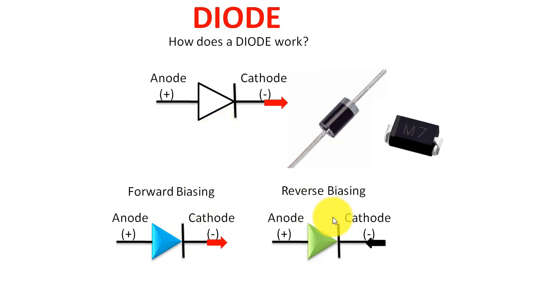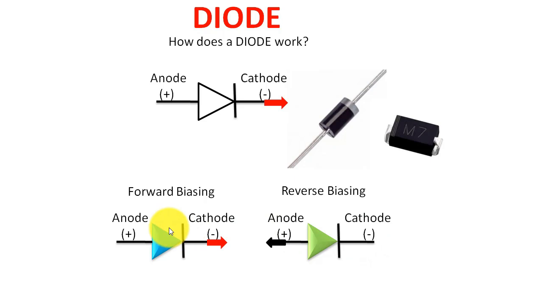And now reverse biasing. What will happen in reverse biasing? In reverse biasing there will be negative voltage. This is the negative terminal, and from the negative terminal the negative signal will pass. So when a negative signal passes, it goes from cathode to anode, and this is negative.